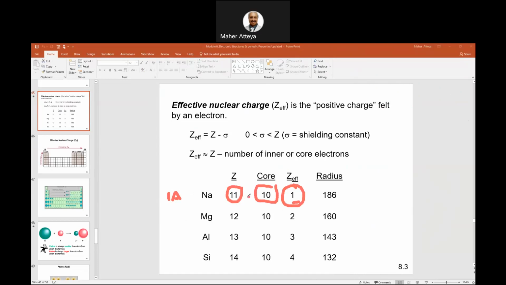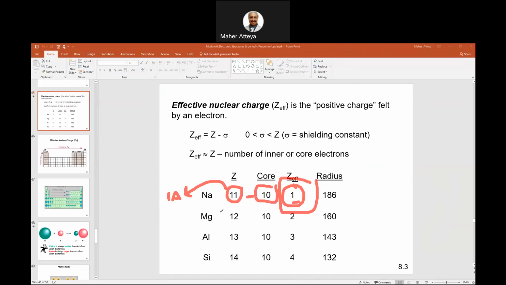We subtract those two: 11 minus 10 equals 1. So really the nucleus does not feel the rest, and that's what we call the effective nuclear charge. So the positive charge feels only 1 electron. Are you following me? Only 1 electron. All the rest is not felt by the nucleus.